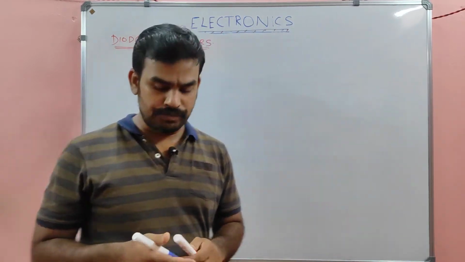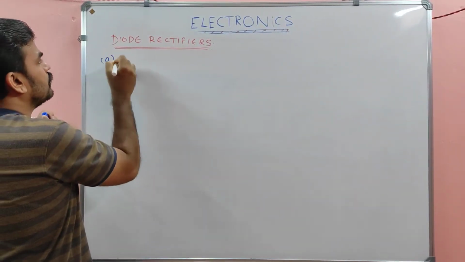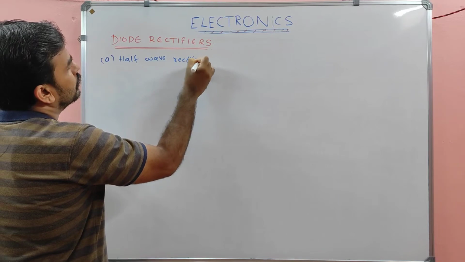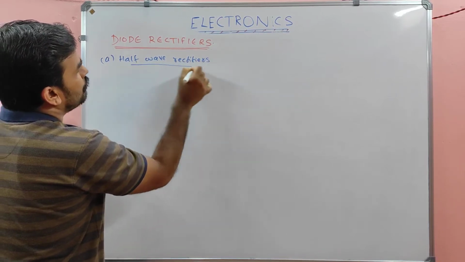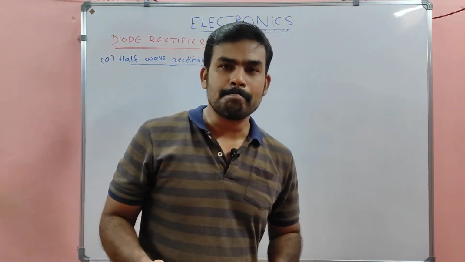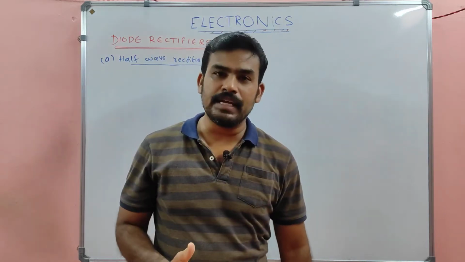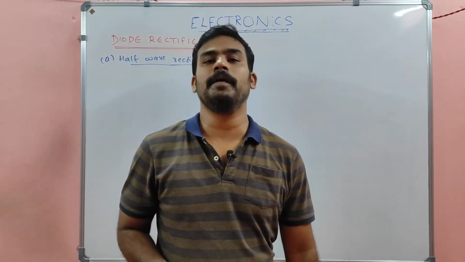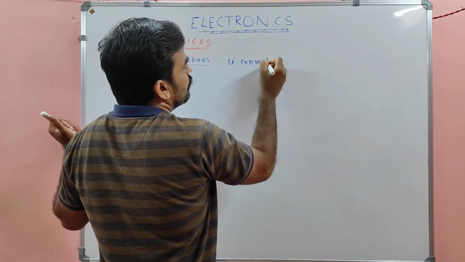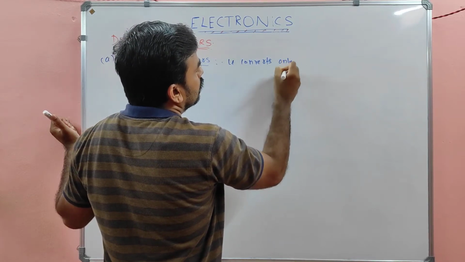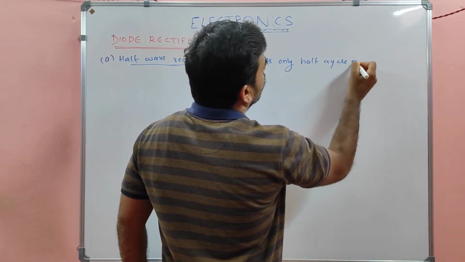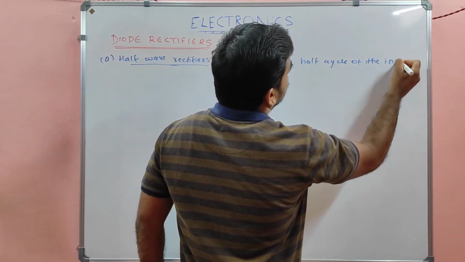So what does a half wave rectifier do? Consider the half wave rectifier first. It converts only a certain half cycle of the input supply that we applied.